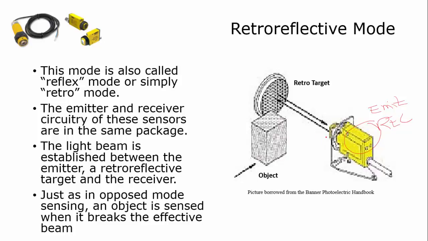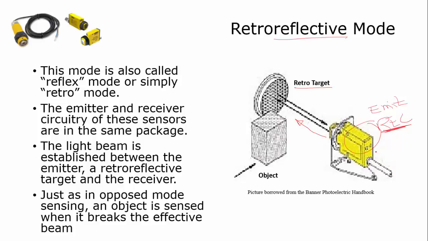The light is sent out, and retroreflective means that there is a reflector at this side. They call it a retro target. The light from the sensor reflects off the reflector and comes back into the same housing, where the receiver can be seeing the light.